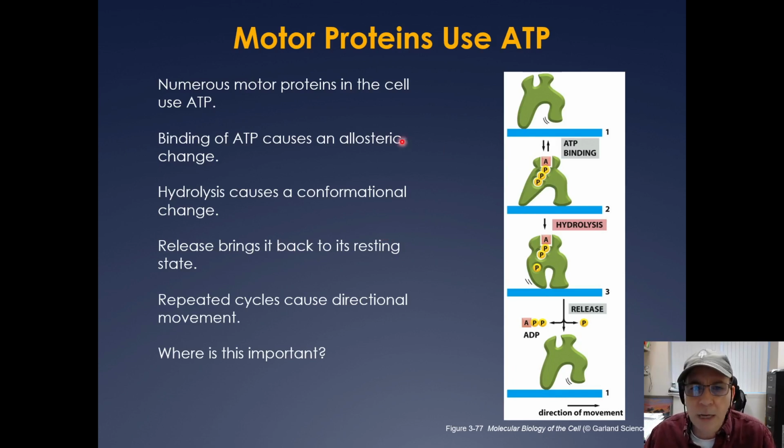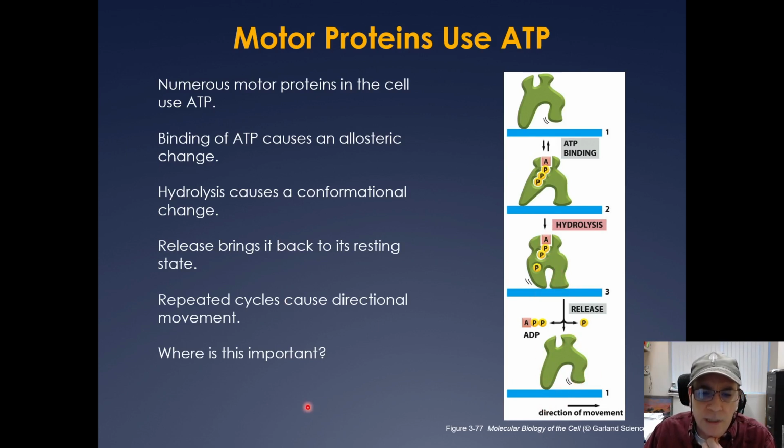And so what ends up happening is ATP binding causes an allosteric conformational change, and that will cause this to bind separately. The blue here is actually actin, and so then it'll bind, and then you get hydrolysis, and there's another conformational change, and then ultimately the ADP and the inorganic phosphate are released, and it goes back to its resting state.